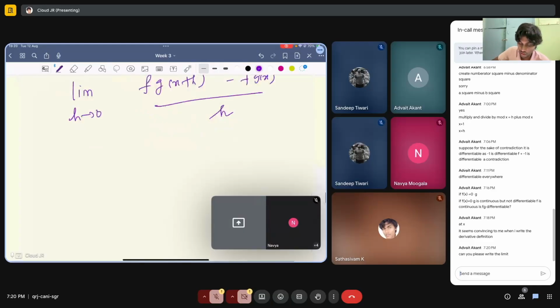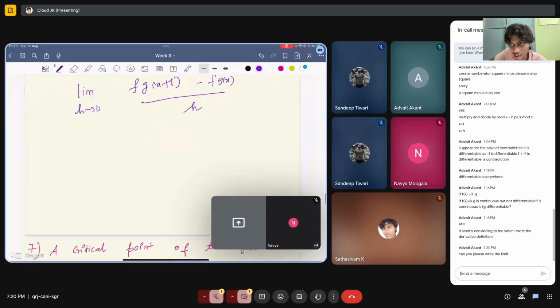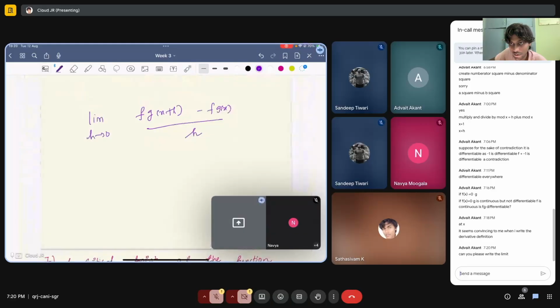And what you have is f of x is 0. So this term will go away. This will be 0. So what you have is fg of x plus h over h, right? But I don't know any reason why it has to be true.